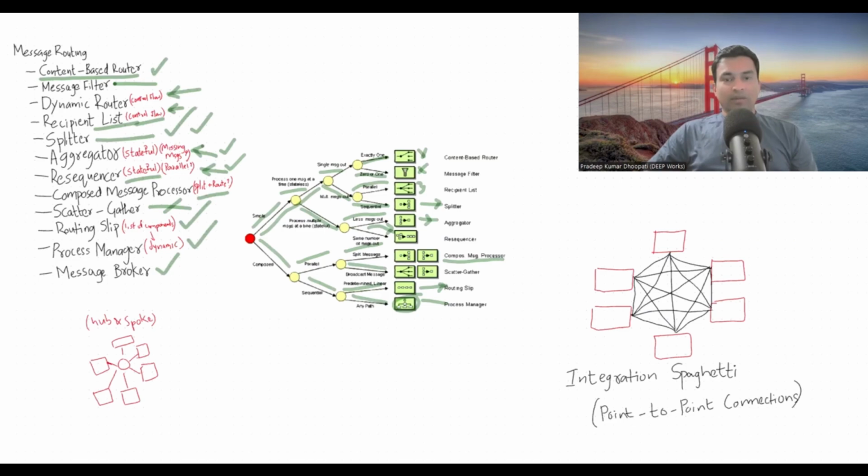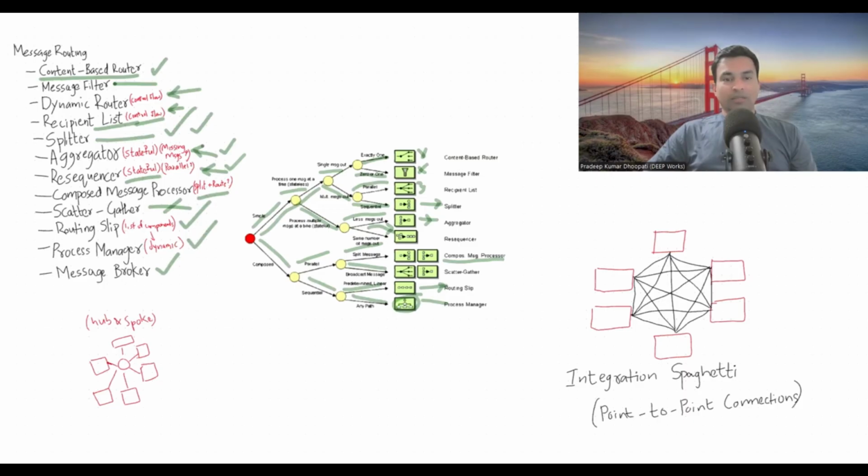And dynamic router is the same as a content-based router, but if we cannot decide at design time what content to examine in a message, then a dynamic router with some control component can route at runtime and send the messages to the downstream consumers.